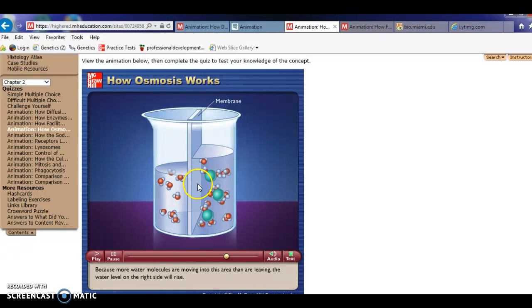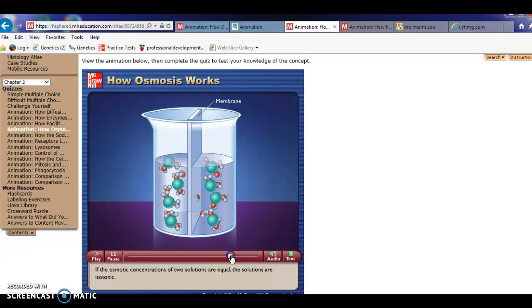I guess that would be 70. Until it reaches 70% water on both sides of the membrane, it hasn't reached equilibrium. Water will continue to travel to the right, and because of that, the volume is rising on this side because all the water is traveling to the right-hand side.